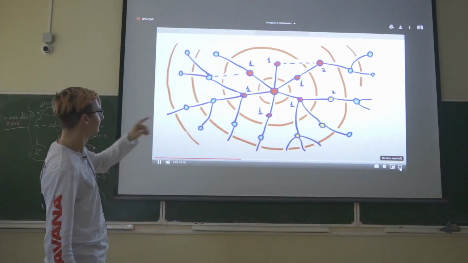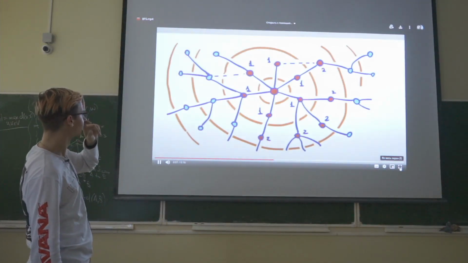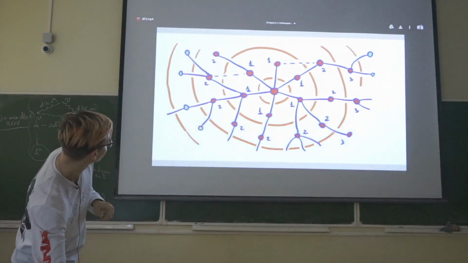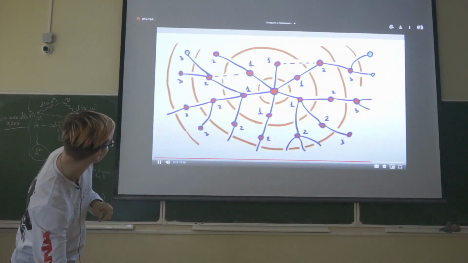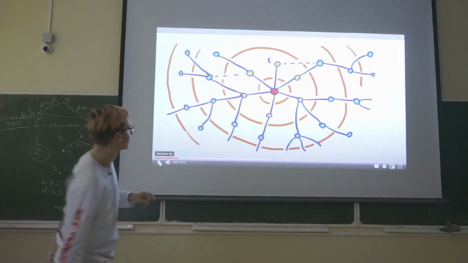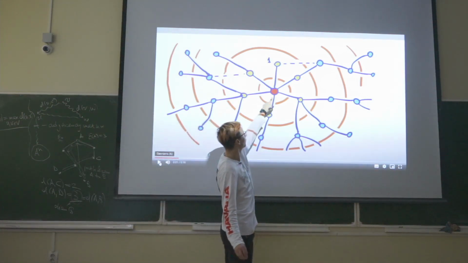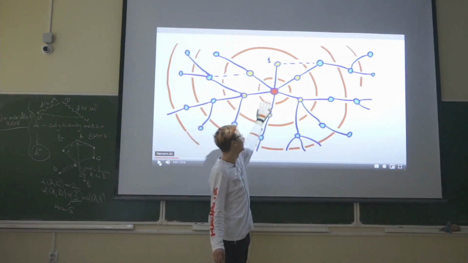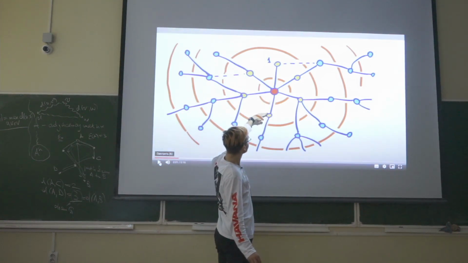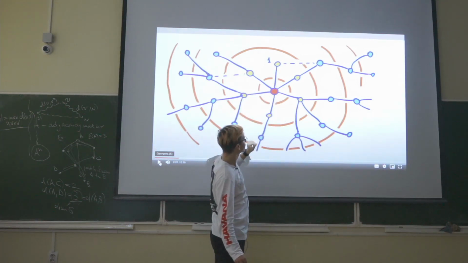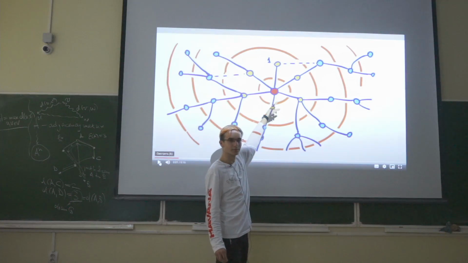You can see, from the start, we have only one vertex in Q. We remove it, and we see that these vertices are adjacent to the red vertex.